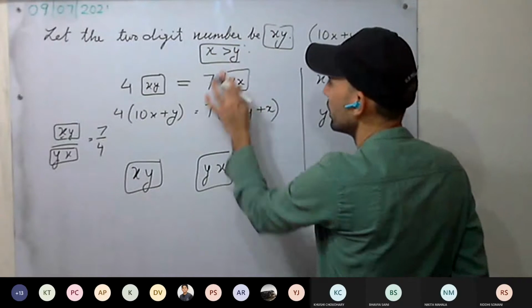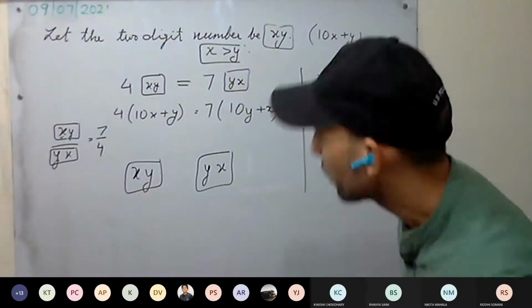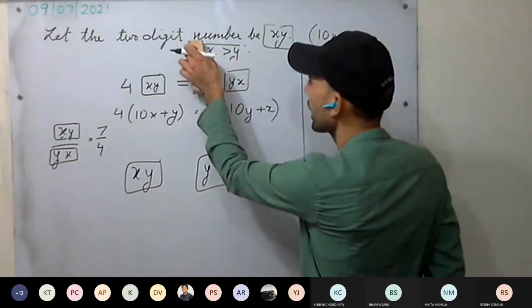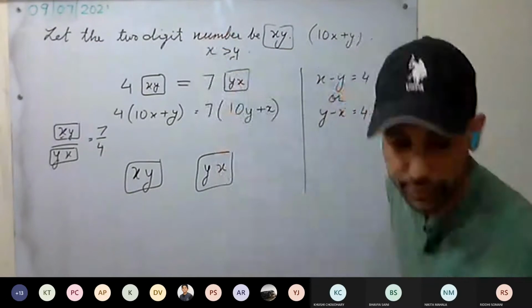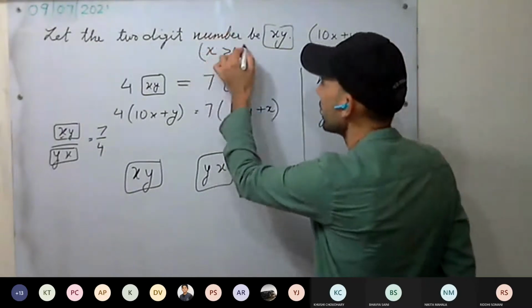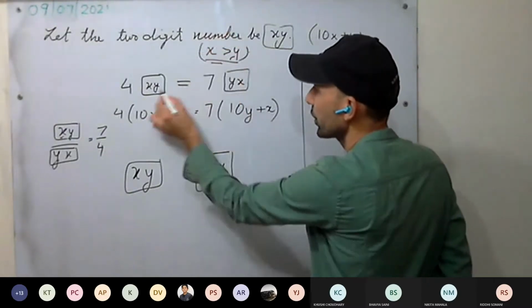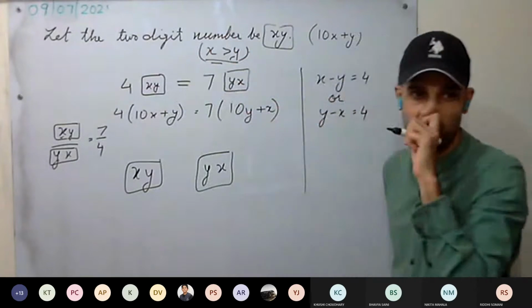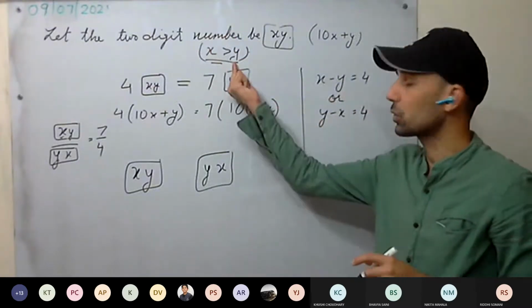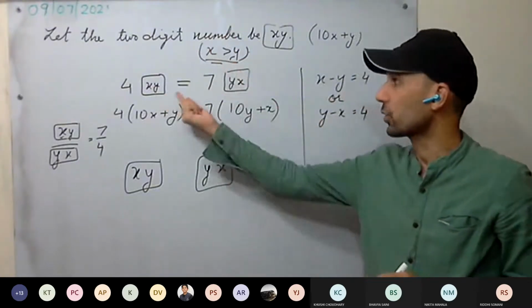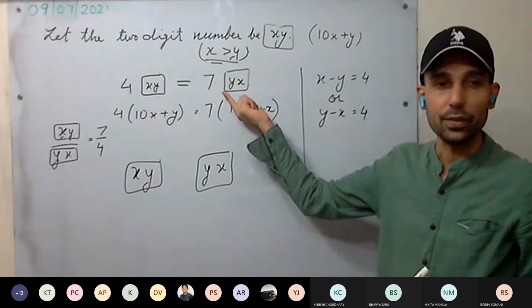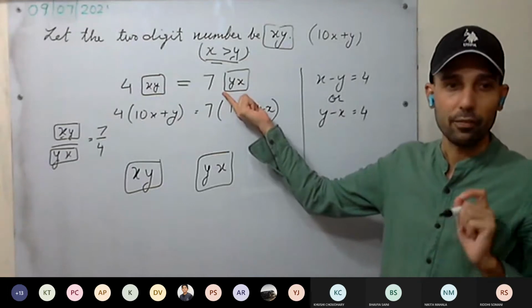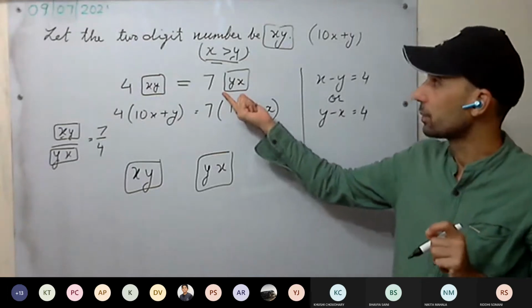Understood? So we have already taken x to be greater than y. If this is true, then only this equation is going to hold. Everyone understood this?